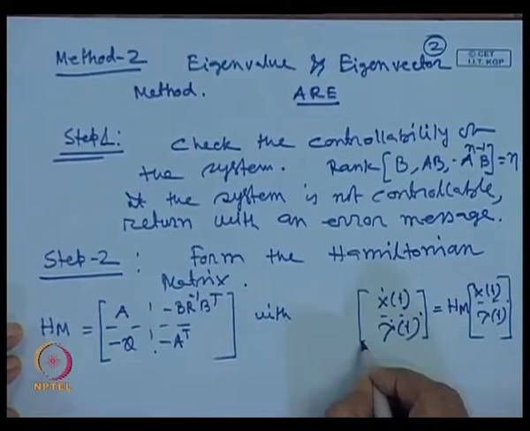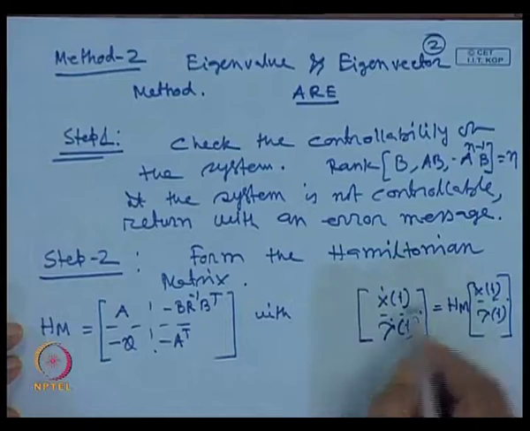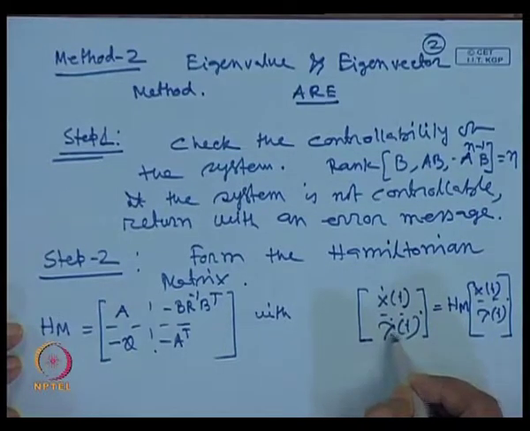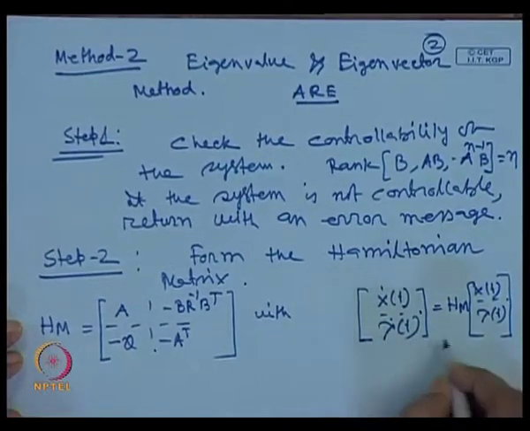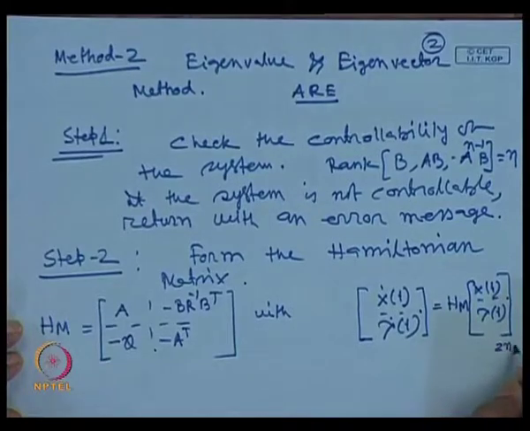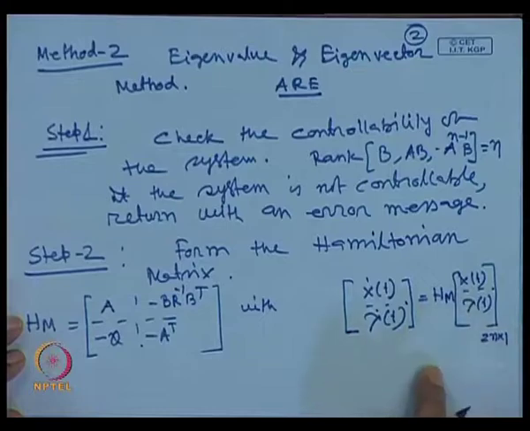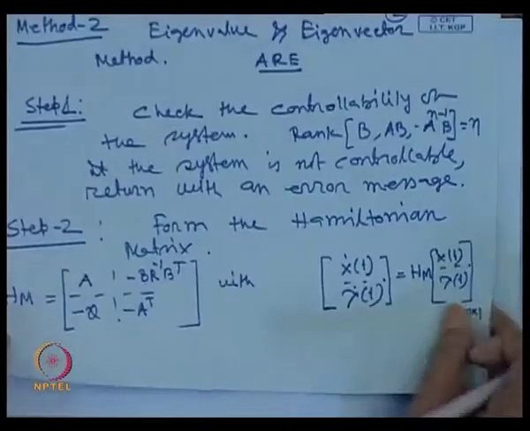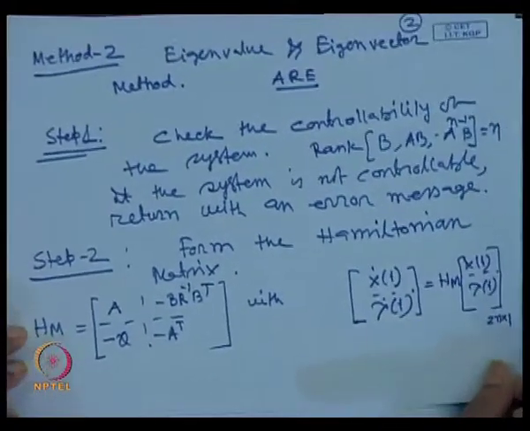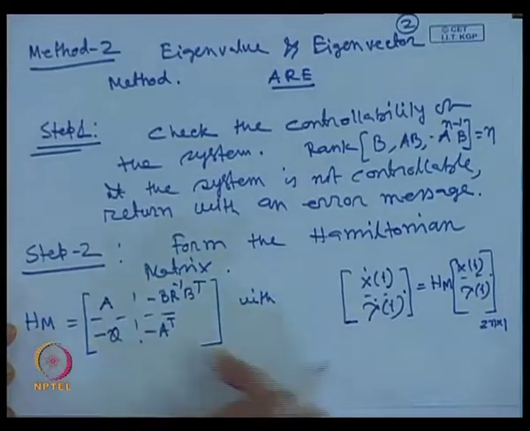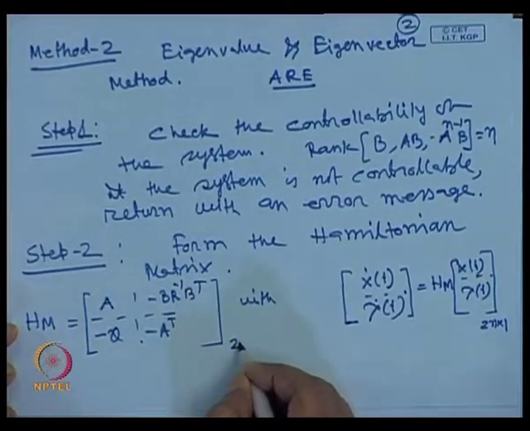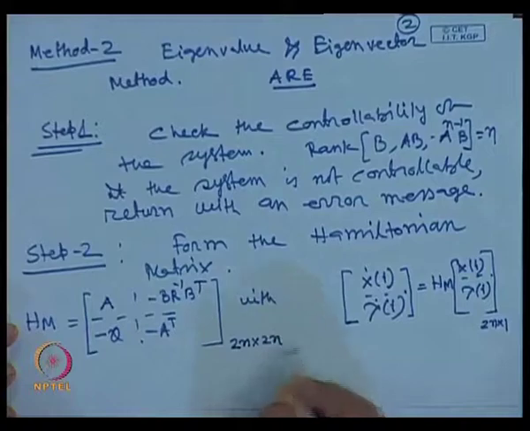This is the augmented vector with the state vector and the co-state vector; its dimension is 2n cross 1. Now we form the Hamiltonian matrix, whose dimension is 2n cross 2n.